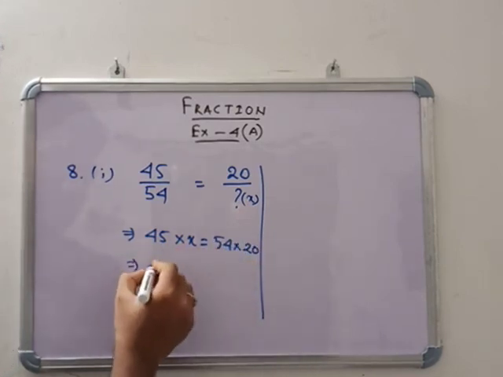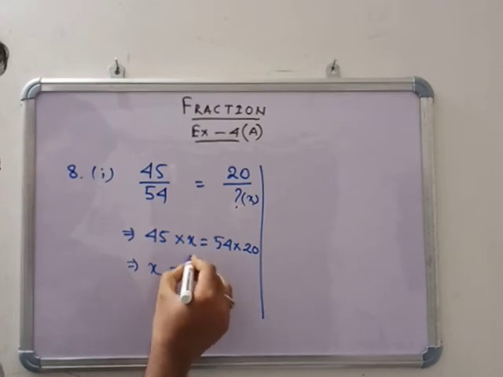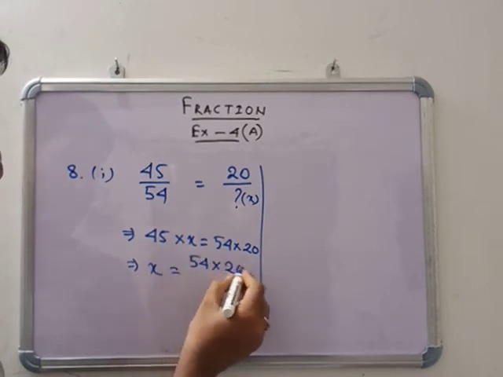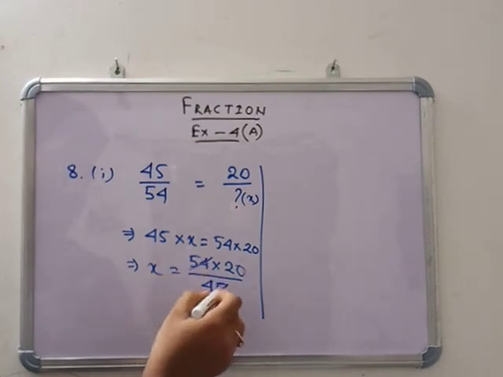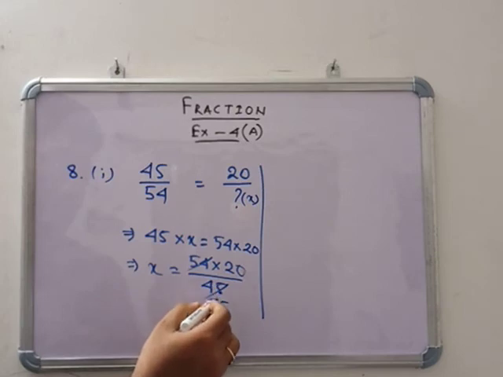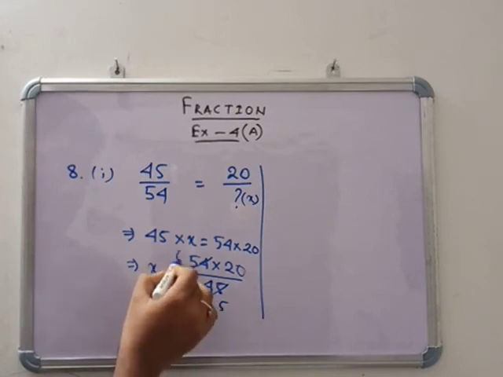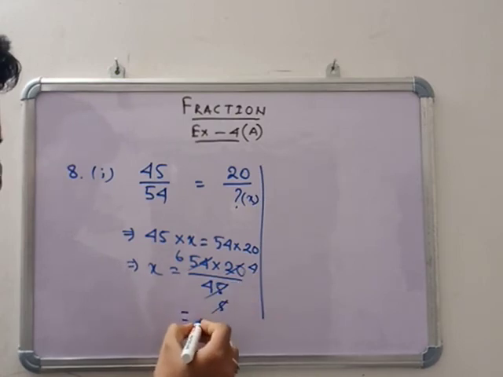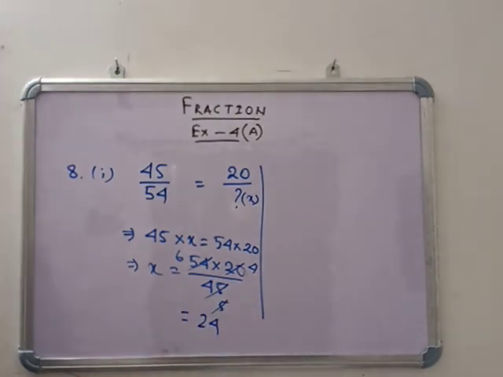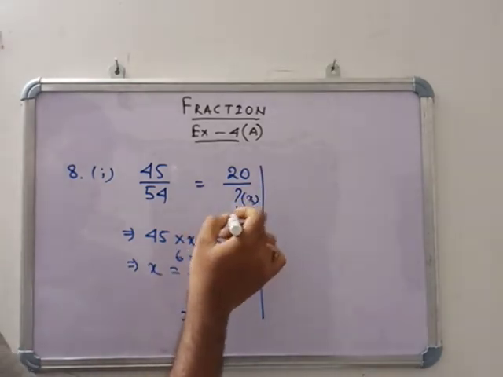That means X equals 54 into 20 by 45. If we cancel, then this is 24. Okay.